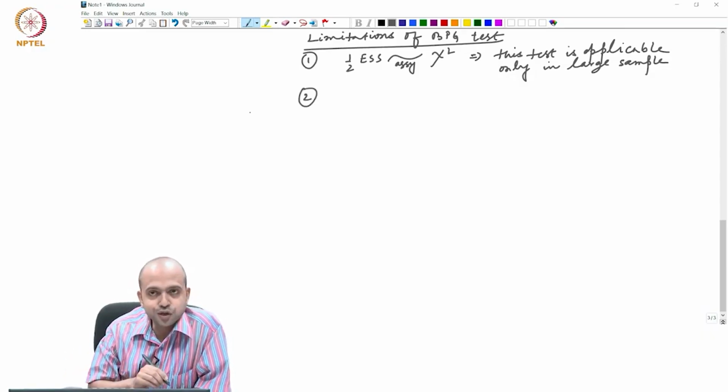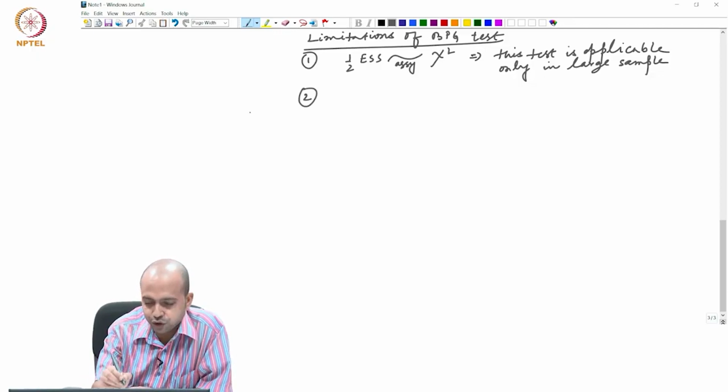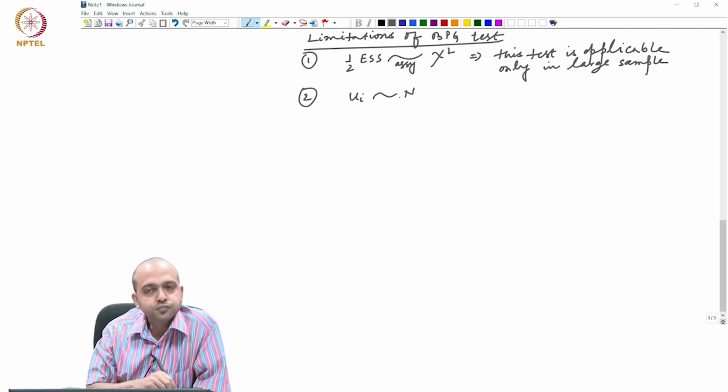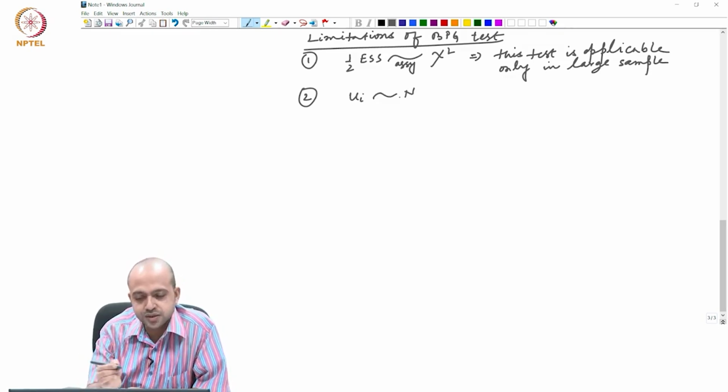And the second limitation is that in your original model, ui actually follows a normal distribution. So, this test largely depends on the normality assumption of the error term in the original model.